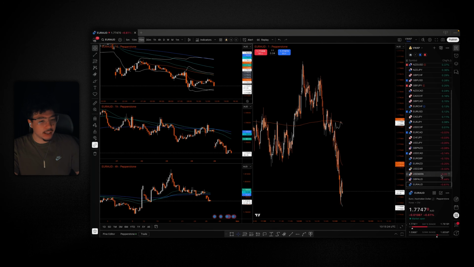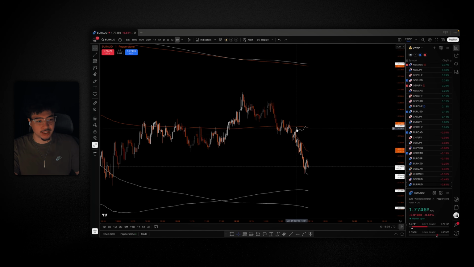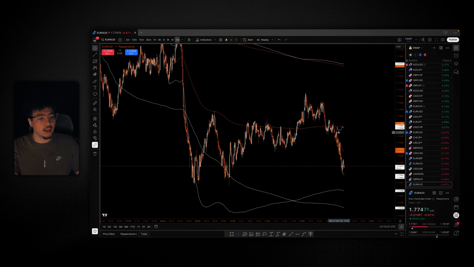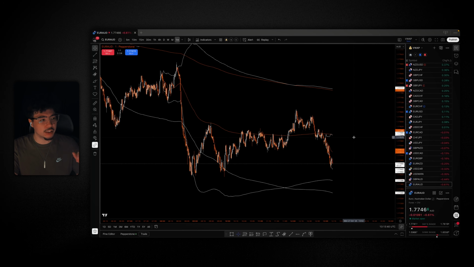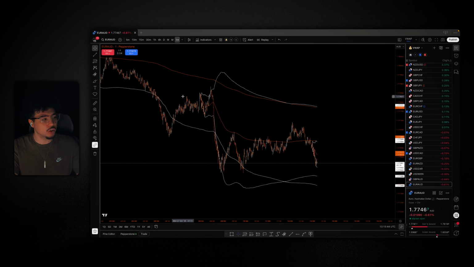So again, we can see here, Euro Australian. The 15-minute is bearish, the H1 is bearish, the H4 is bearish, so we go down to the 1 minute, and all we need to do now is look for some short positions. We've just had New York Open VWAP added here, but all we would need to do for this market to start looking for positions is wait for it to come back into a premium price or fair value.